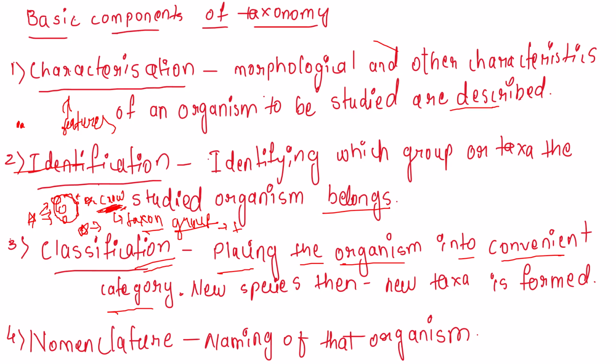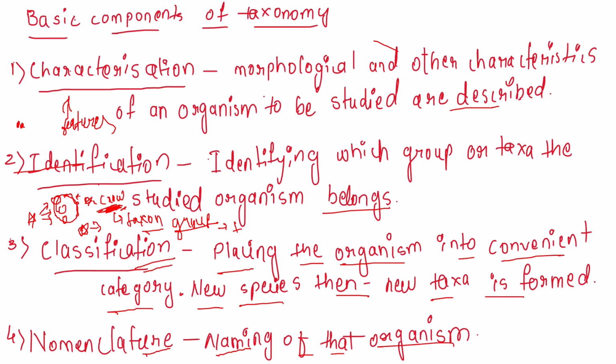But if there is some different new species which has been found, then we give it a new group or a new taxa which will be formed. Nomenclature, this is the fourth step, which is naming of that organism.